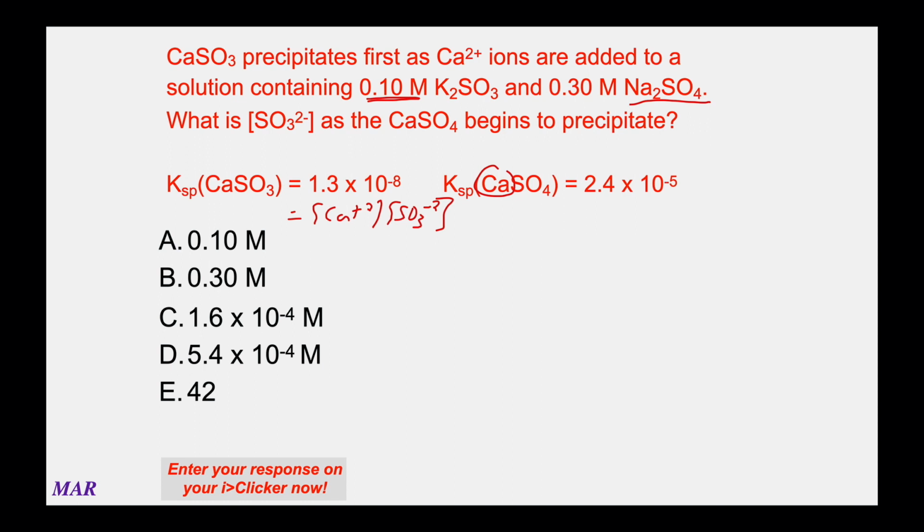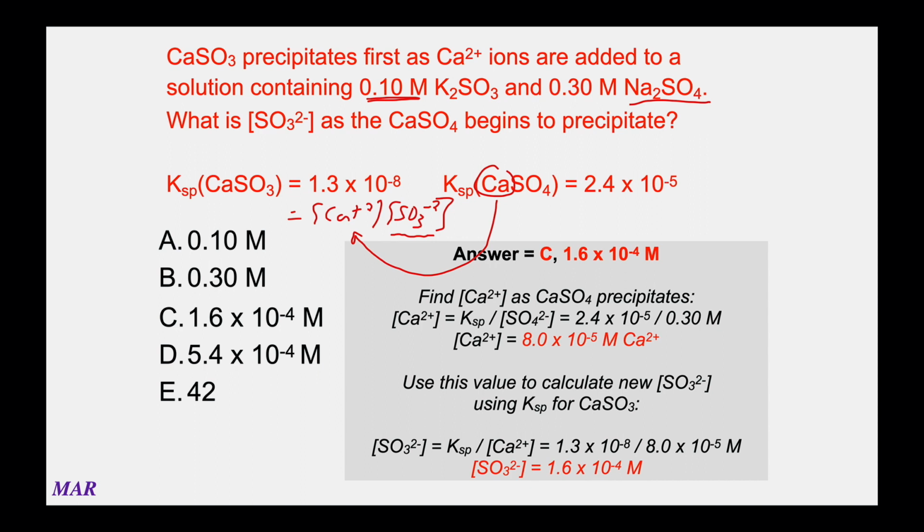But whatever that number is, that's what we're going to put in right there, okay? We'll solve for this number, the new sulfite. It'll be a number less than 0.10, and until you do the math, sometimes it's hard to see what that answer is going to be. So in this problem, the answer comes out to be 1.6 times 10 to the minus 4. But let's go through here and figure out what's exactly going on.